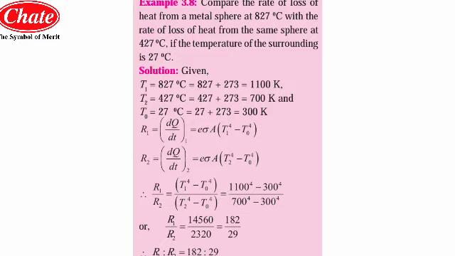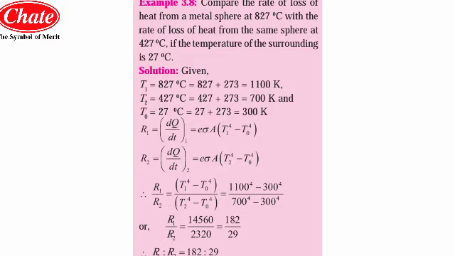The problem is: compare the rate of loss of heat from a metal sphere at 827 degrees Celsius with the rate of loss of heat from the same sphere at 427 degrees Celsius, if the temperature of the surrounding is 27 degrees Celsius. So students, this is what they have asked.